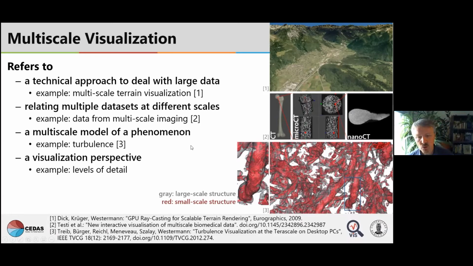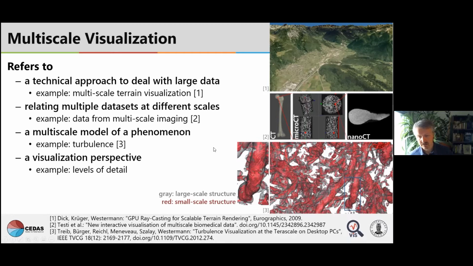Here I'm showing one example that is quite famous in this category, and it's that of turbulent flow, where we know that we have an energy cascade through the turbulence from large scale structures to small scale structures. If we want to make meaningful pictures of turbulence in flow visualization, this is something that may be worthwhile to work out.